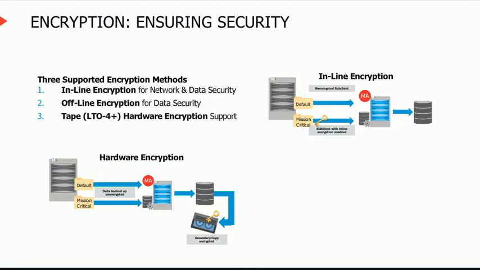Offline encryption, which encrypts backup data while being copied to secondary copies. Or hardware encryption using LTO4 or higher type drives. Inline and offline encryption is software-based. Inline encryption can be performed on the client or media agent. Offline encryption will be performed on the media agent.